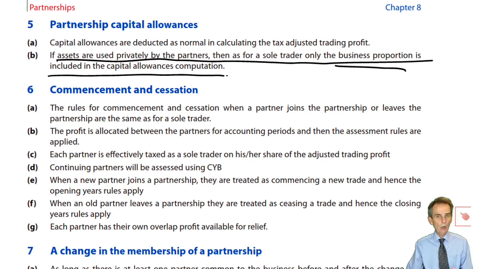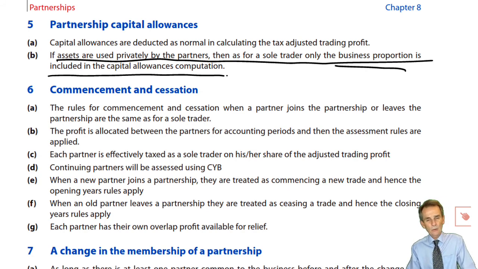Now, once you've got that tax-adjusted trading profit, as with the previous example, example 1, we then divided that figure between the partners using the agreement in force during the accounting period. The only thing that made that division a little more interesting was the fact that the agreement changed partway through the accounting period.